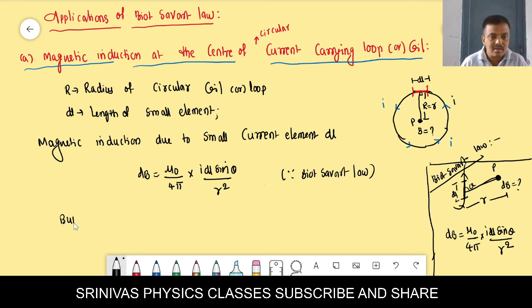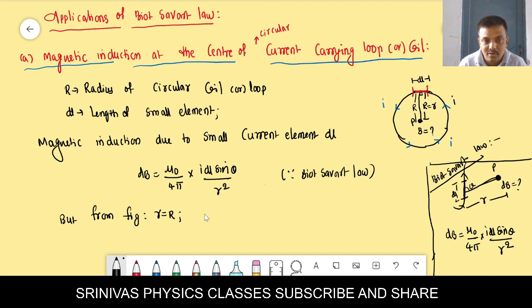But from the figure, r is the distance of point P from the center of the element, which is capital R from the figure. But according to the formula it is r. Then we write from the figure r is equal to capital R.